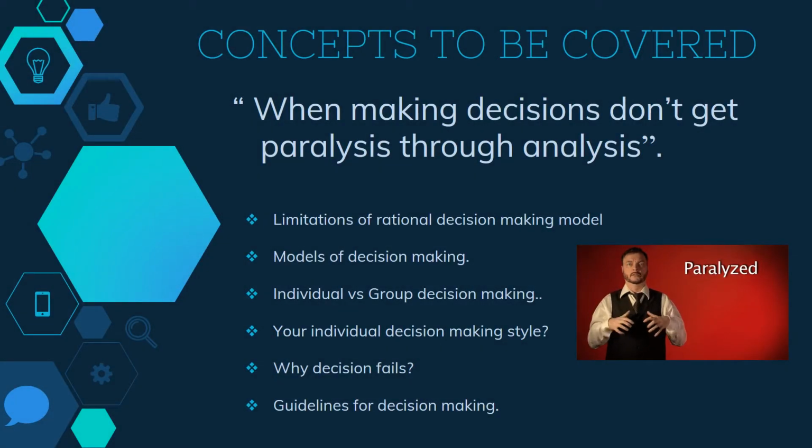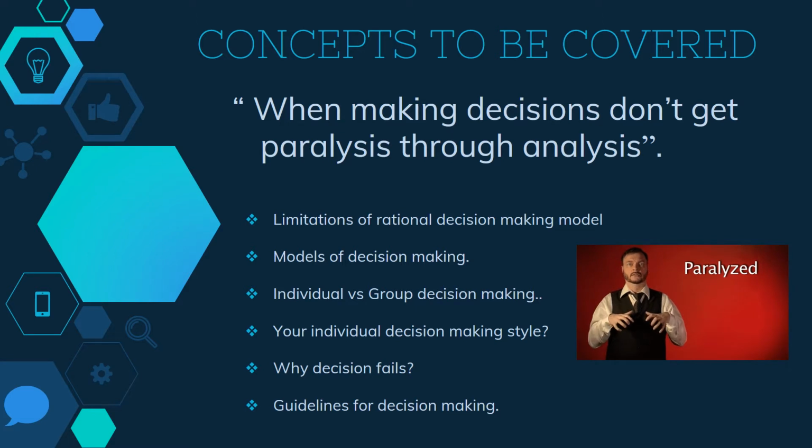These are the concepts to be covered in decision making. Limitations of the rational decision making model: individual rationality is limited by their ability to conduct analysis and think through competing alternatives. Models for decision making: these are the 4 different decision making models, which vary in terms of how experienced or motivated a decision maker is to make a choice.